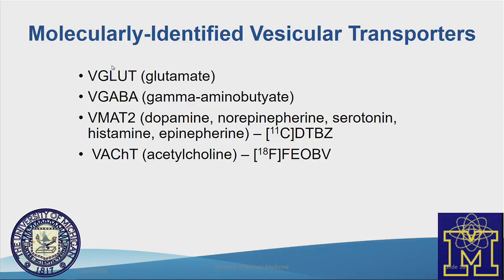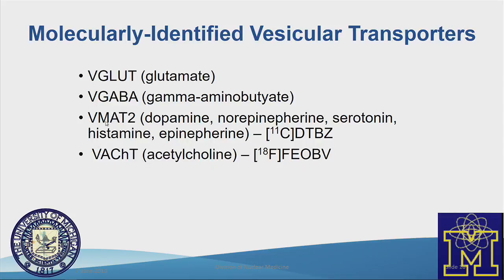There are a number of cloned similar transporters for a wider variety of neurotransmitters. For the acidic amino acid transporters, we don't have target ligands that interact with the vesicular transporters yet, and the question is whether they will become available.